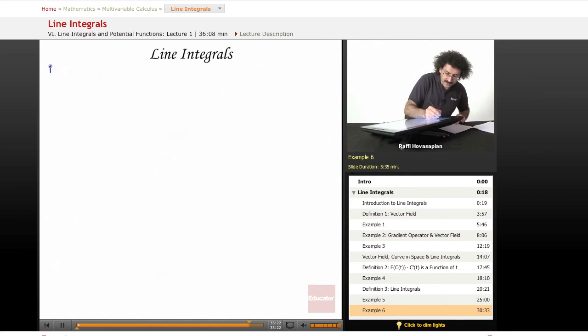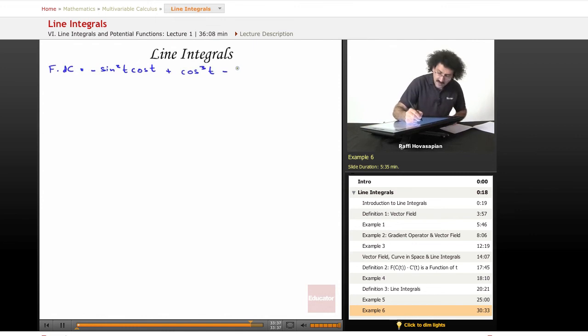So f dot dc is equal to minus sine squared t cosine t plus cosine cubed t minus cosine t sine cubed t. So when you take the dot product of those two, you're going to end up with that. That's your integrand.